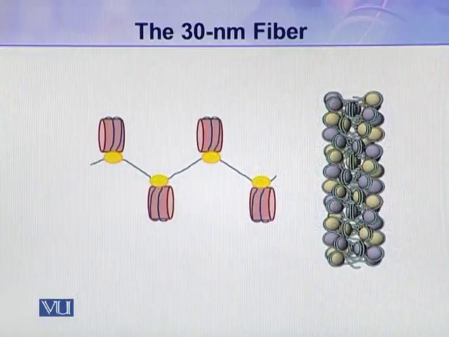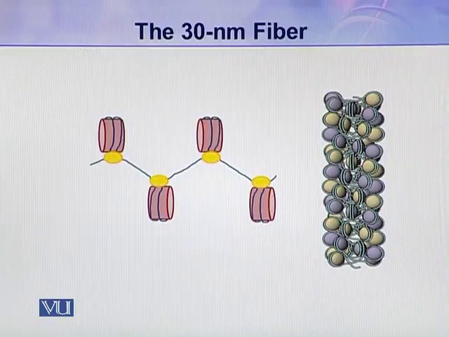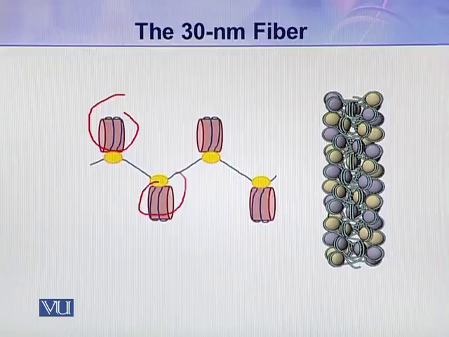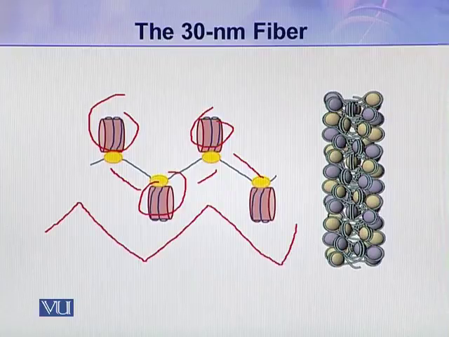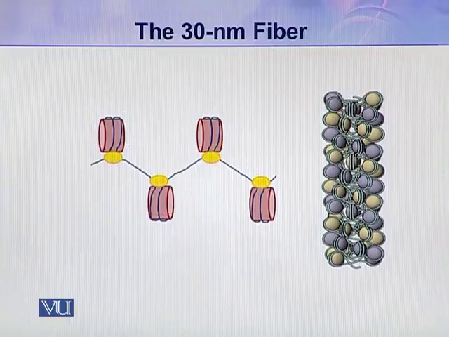You can see in this diagram, the nucleosomes lie on the opposite sides. The linker DNA acquires a straight path, so this fiber is arranged in a zigzag manner. That's why this is called the zigzag model.